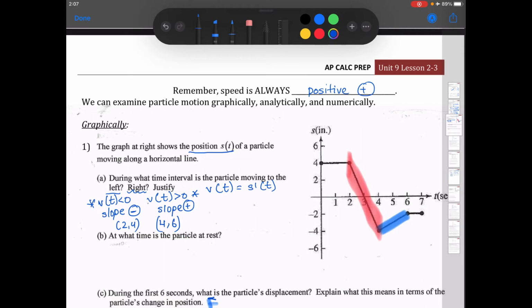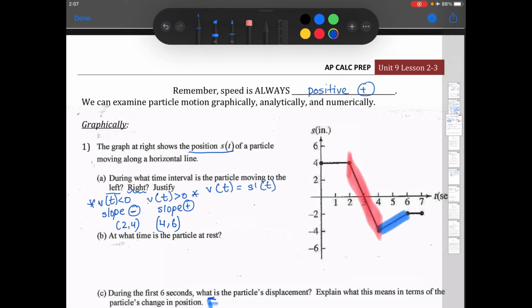Do not use the word slope in your justification, because you're not being very specific. Slope of what? Are you using the slope of the position graph or the velocity graph? And you end up losing points on your AP exam. So you don't want to do that, right? Your justification was more where I put the stars there. You're talking about the velocity being positive or negative, greater than 0 or less than 0.